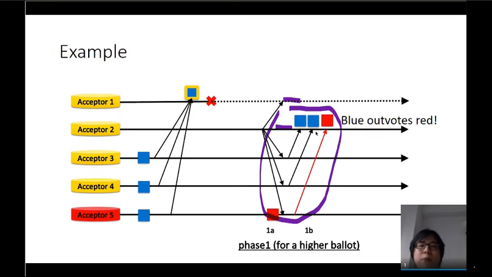If the replies give you any value that has more than, how can I say this? So I think the question is, acceptor 2 knows what is the right thing to do, but it still cannot make progress, right?